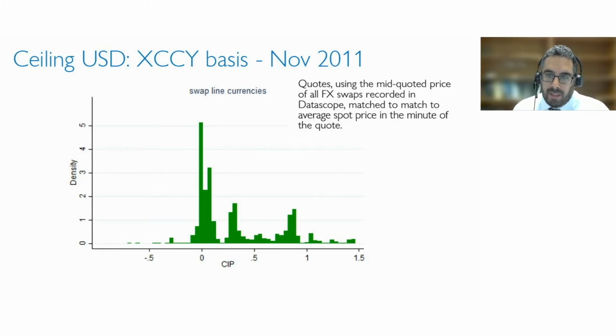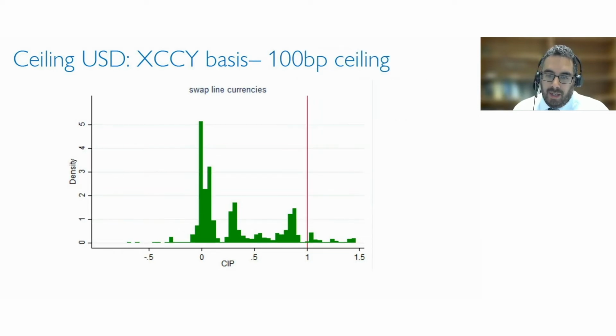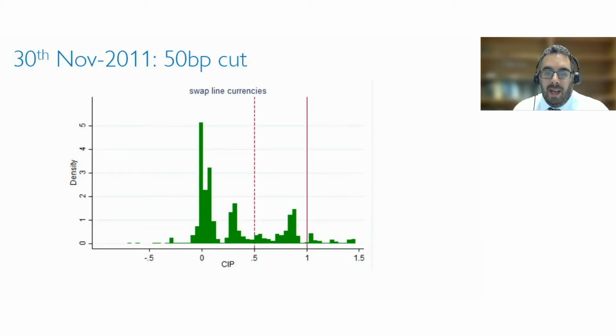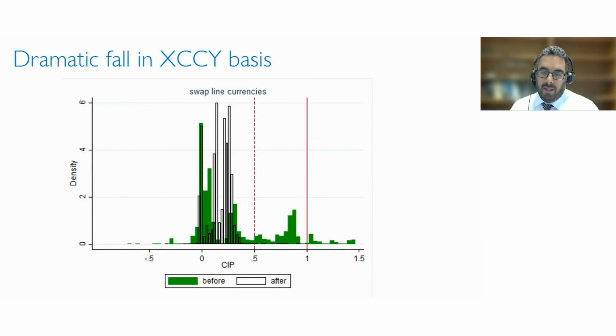Prior to the cut, we had a 100 basis point cap, and you can see this almost effective ceiling on this offshore borrowing cost measure. Once the cut came in to 50 basis points, and you look at the distribution in December, the whole distribution of offshore borrowing costs in dollar terms shifted down below the ceiling to 50 basis points.